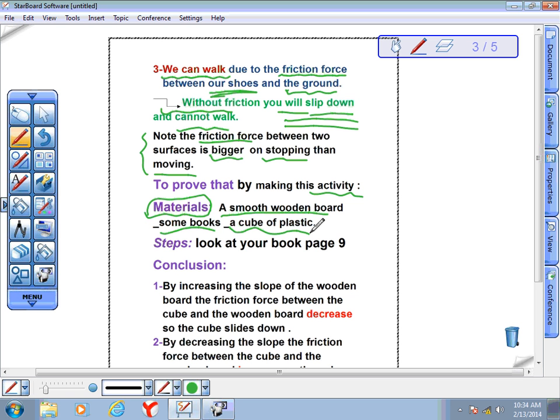How can we do this activity? We can bring two books and put them as shown, and put the smooth wooden board on a table.